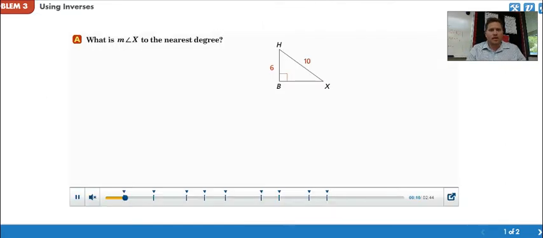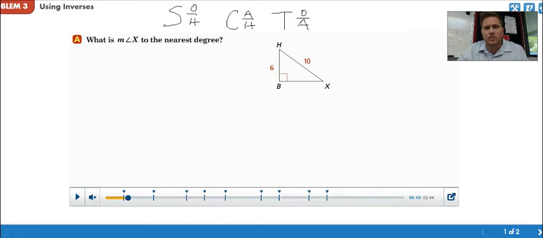Alright, so in this problem it says what is angle x to the nearest degree. So instead of finding one of the lengths of the sides, we want to find one of the angles. Again, at the top right here, I'm going to write my handy dandy SOHCAHTOA, and I like to write them as ratios.